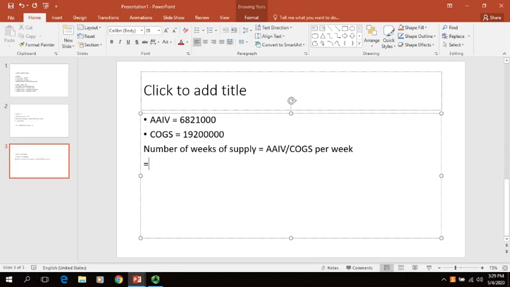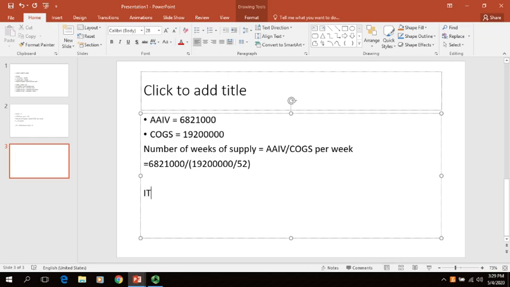So that's equal to 6,821,000 divided by, now we know the cost of goods sold per year, so you need to convert this to the cost of goods sold per week, so you just need to divide it by 52.